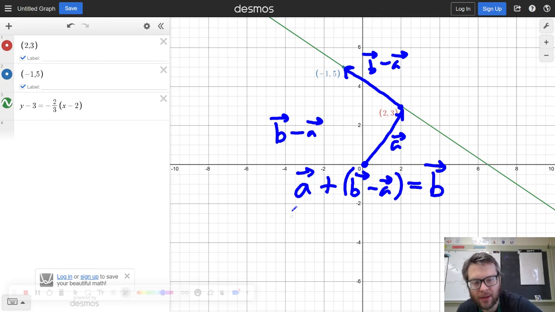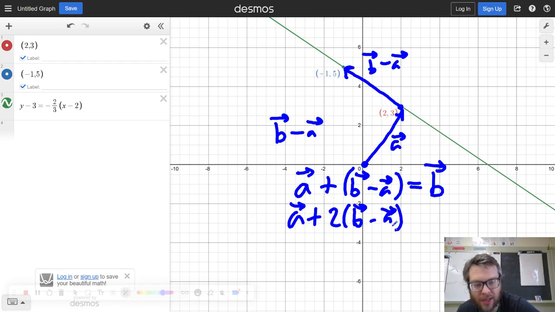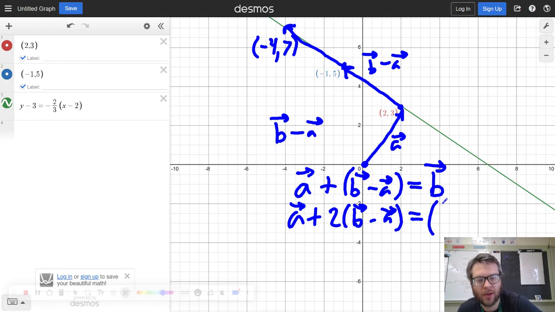What would happen if I went vector a plus 2 copies of b minus a? Well, that would just move me one more vector along. So I would go another 3 steps left and 2 steps up, and that gets me to another point that's on the line. That point is negative 4 comma 7. So x first, y second.